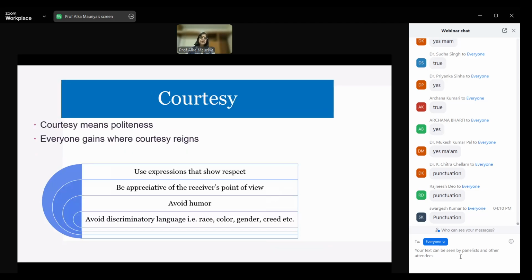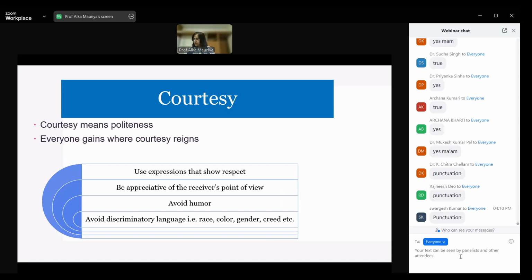Then is courtesy. I have already explained that we should be courteous and polite in our conversations, specifically with students. That too in the current age, wherein the students at times are very impatient, right? So we have to be courteous. Someone wrote in the chat box that we appreciate the student when they ask questions in the class.